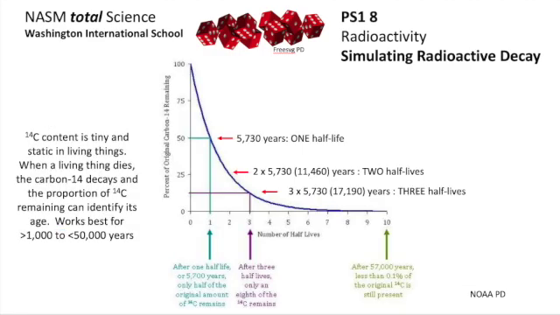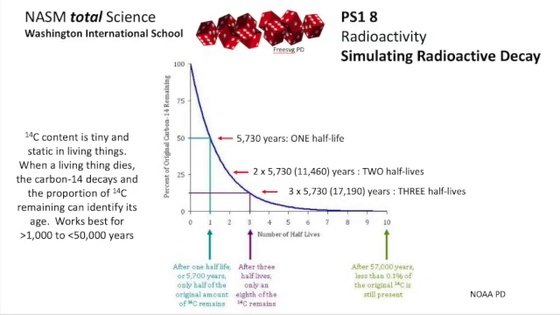So if we're looking at carbon-14 and its half-life, samples containing carbon, often relating to living things, they have a really tiny amount of carbon-14 in them, but it's constant as the plant, animal, algae is living.